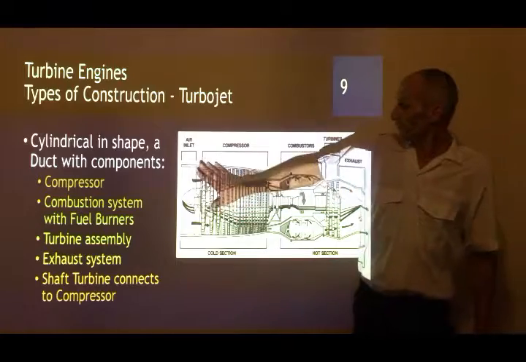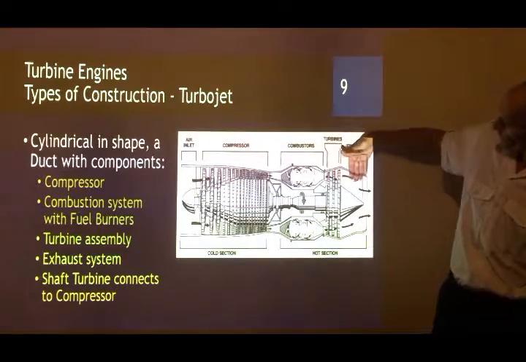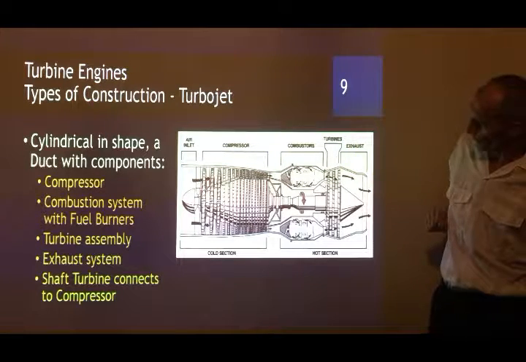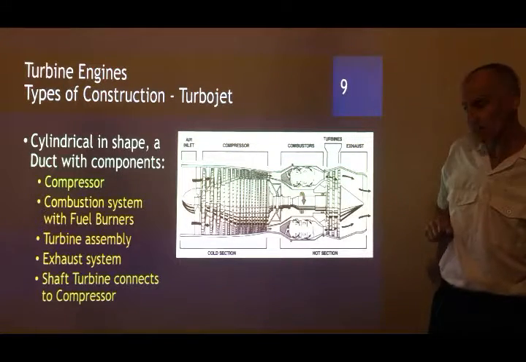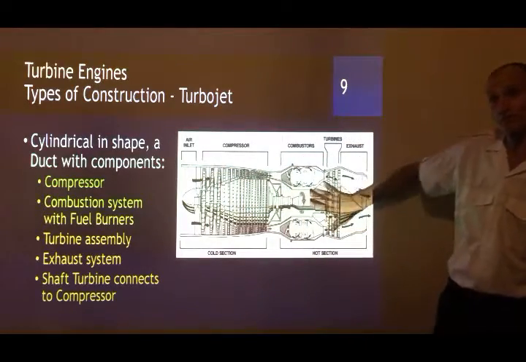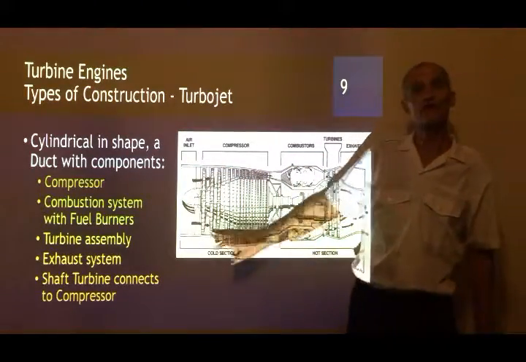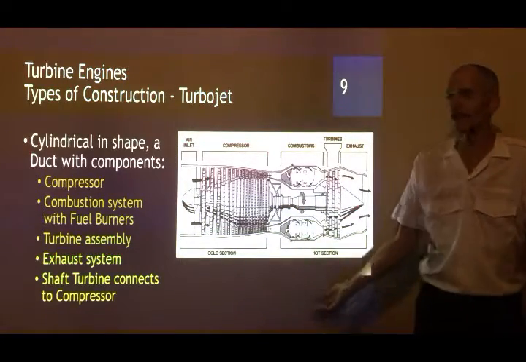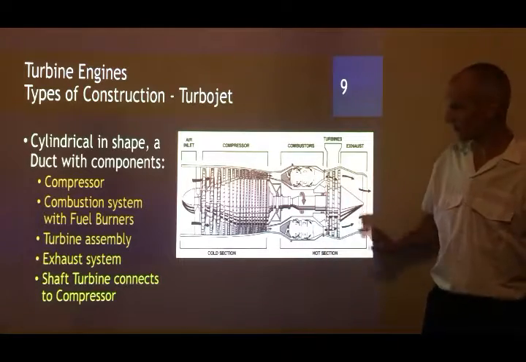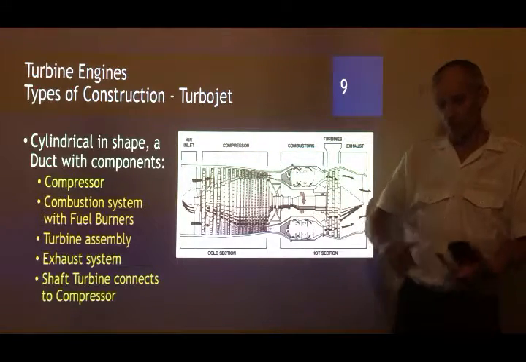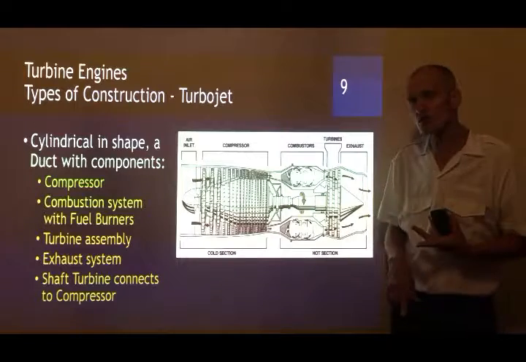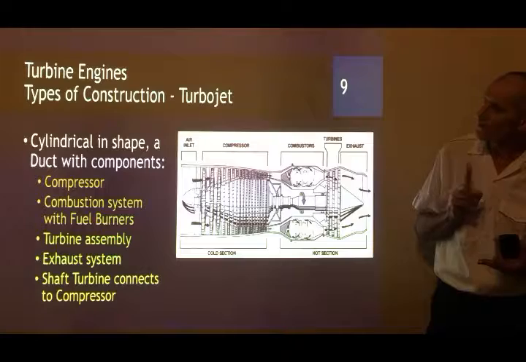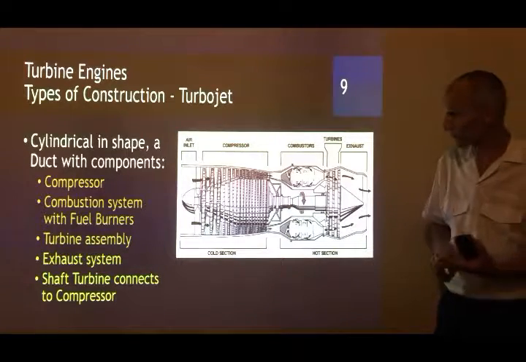So here again, just the cutaway view of the turbojet. It is cylindrical in shape. It has various ducts: divergent, convergent, divergent again, and convergent again to the back. Why? As you know, it needs to increase the static pressure at certain stages and increase the velocity of gases at certain stages.